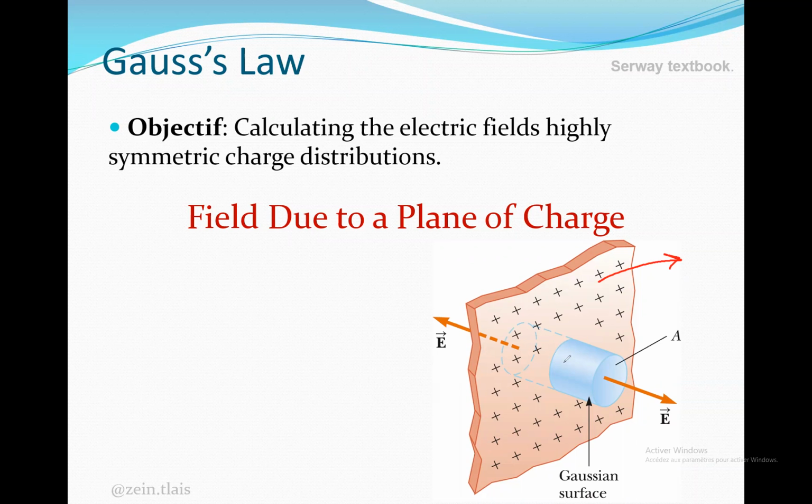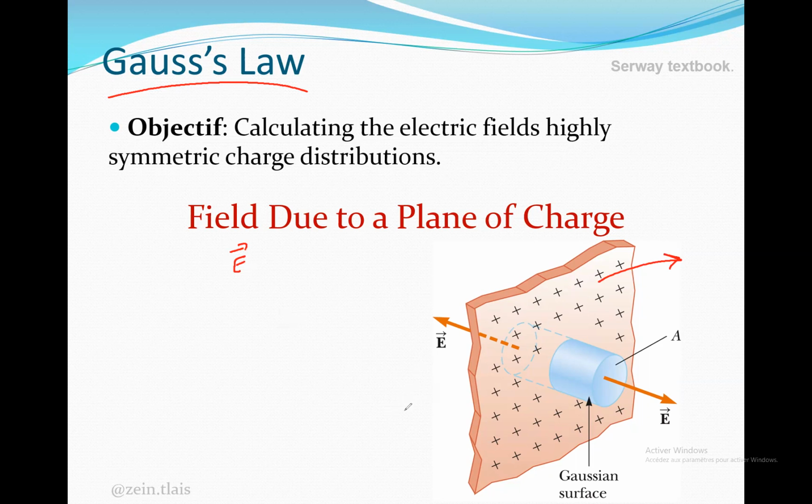So we get an electric field emission on this side, to the right side and to the left side. Okay. So we have a symmetric emission of electric field. In this case, also we can use Gauss's law to calculate E.